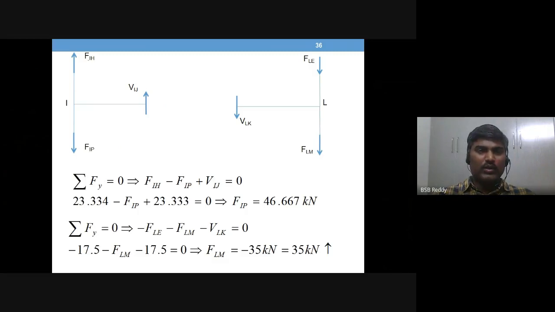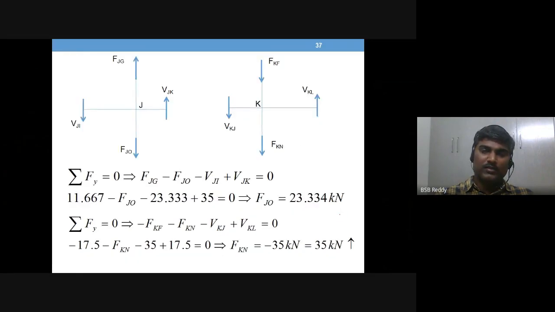How you brought in IH, how you brought in LE, the directions and the values. So IP you should calculate here, and LM you should calculate here. So these are the axial loads, where the LM direction is opposite.